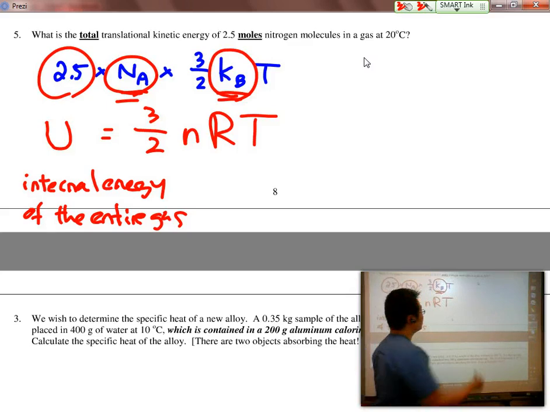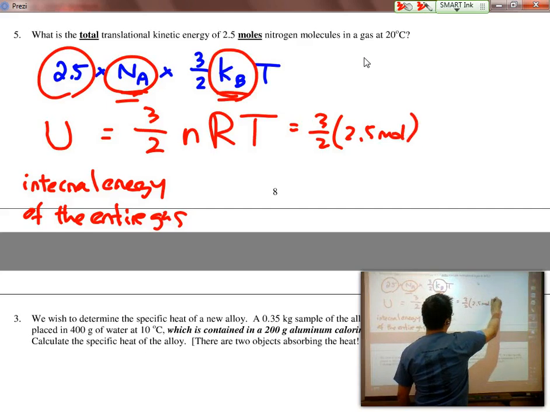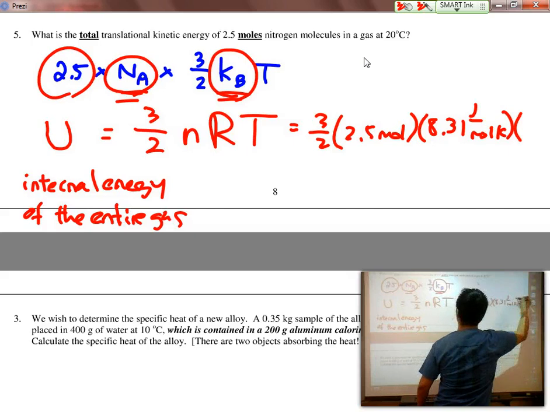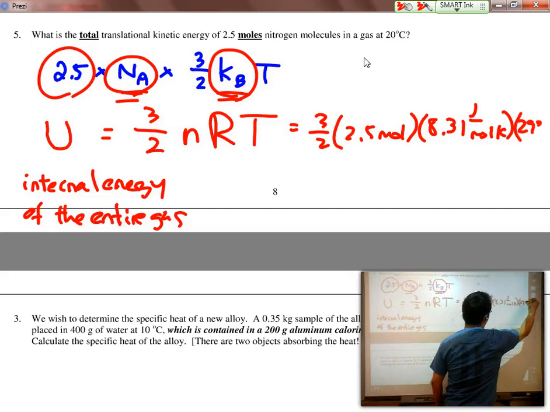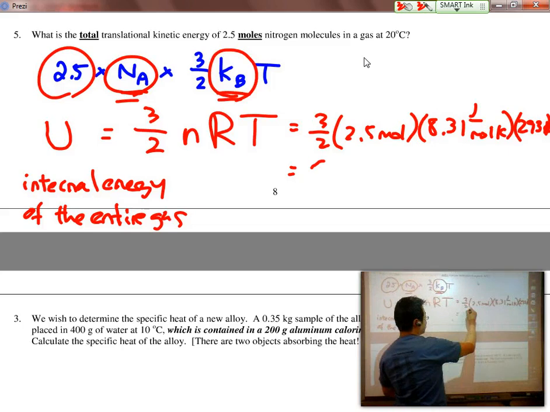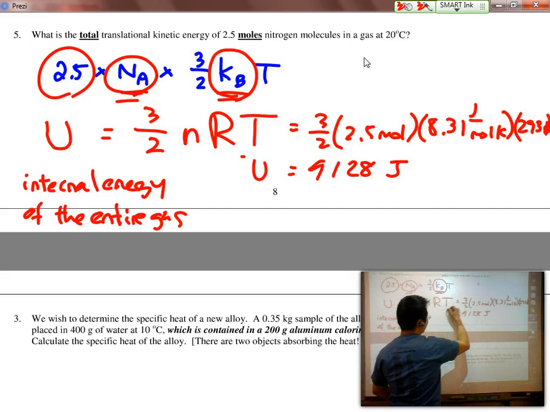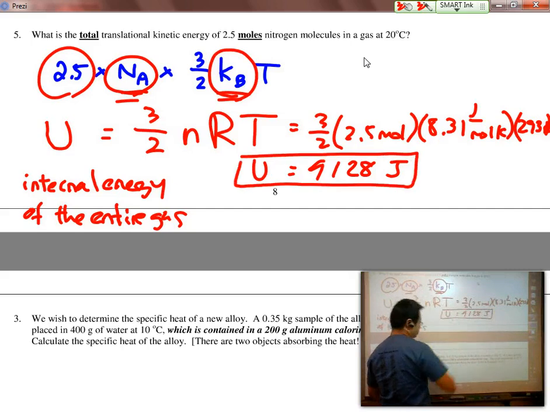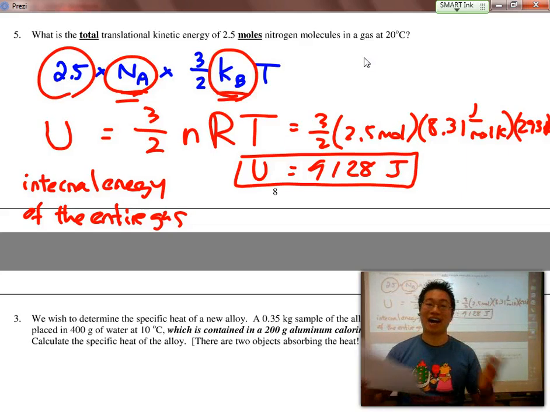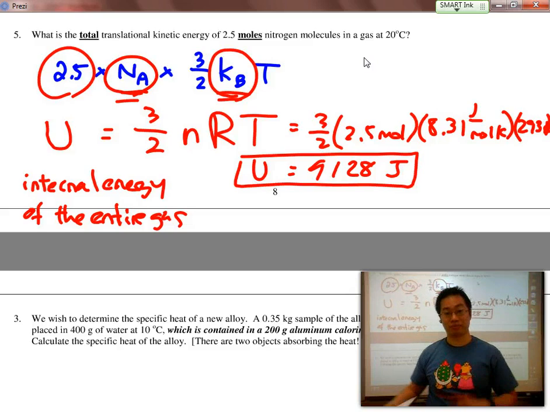So if we had plugged in 3/2 times 2.5 moles times 8.31 joules per mole Kelvin times 293 Kelvin, we get the exact same answer of 9,128 joules. Okay? So this is just an alternate method of solving for the internal energy of the entire gas itself, rather than solving for the energy of one molecule.